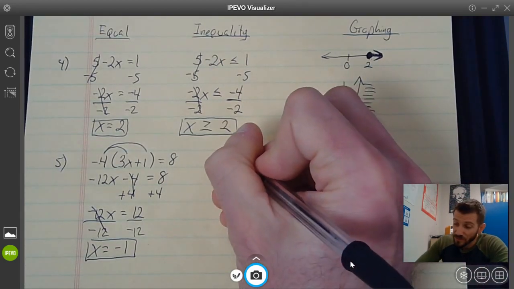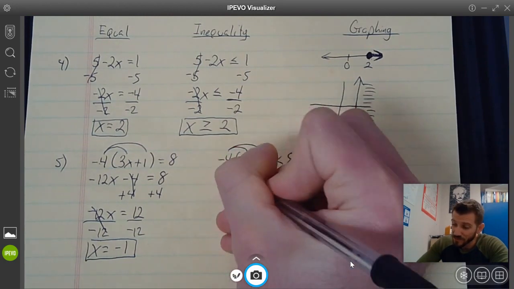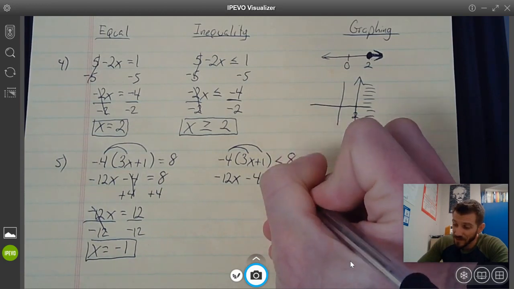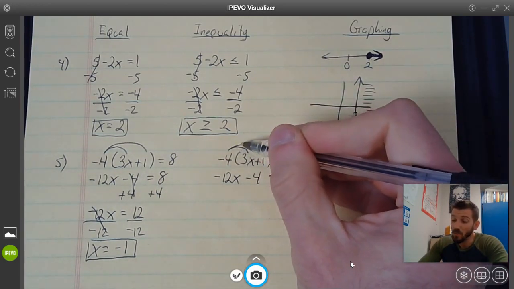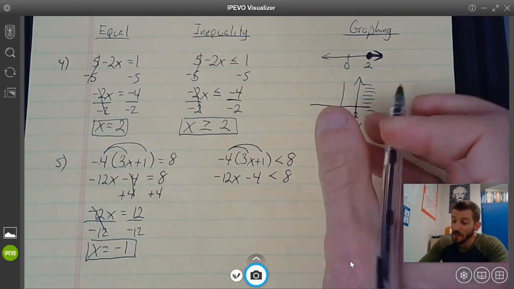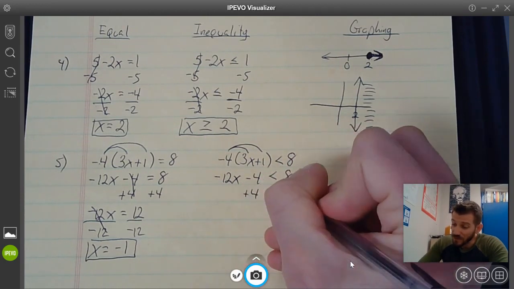So when we distribute, same steps, that's going to be negative 12x. That'll be negative 4, still less than 8, because we only multiplied one side by a negative number, not both. So sign stays the same. Next, get rid of the minus 4 by adding 4, just like we did on the other.